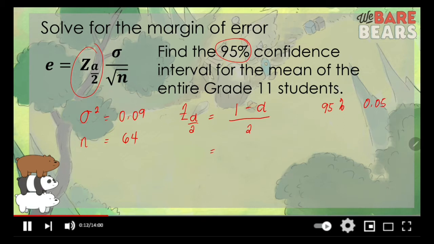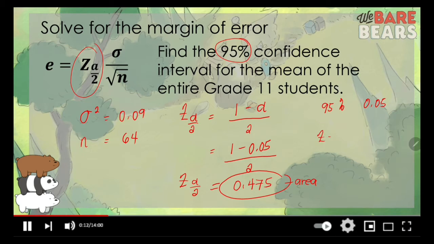So we have 1 minus 0.05 divided by 2. And 1 minus 0.05 divided by 2 is equal to 0.475. So now, what is the z-value that corresponds to this area? So ito yung area na makikita natin sa ating z-table.